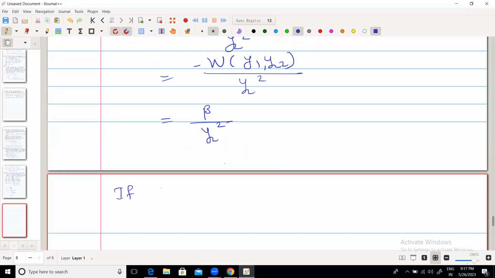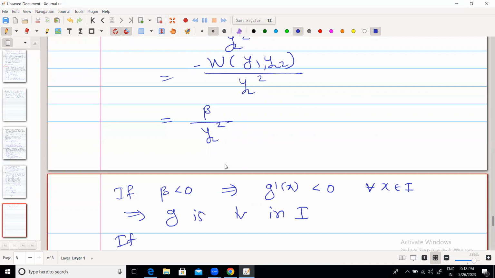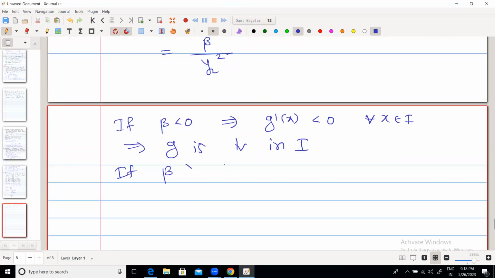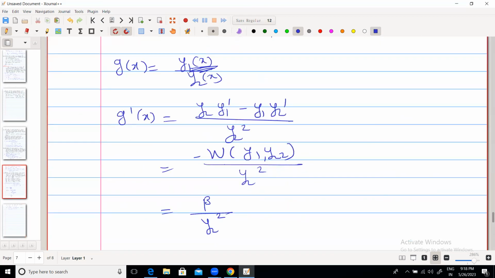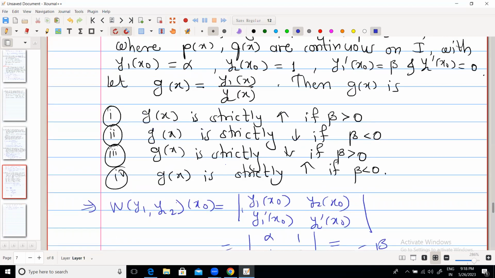So let us write down the cases. If beta is less than 0, implies g dash of x is less than 0 for all x belongs to I, implies g is monotonically decreasing in I. If beta is greater than 0, implies g dash of x is greater than 0 for all x belongs to I, so this implies g is increasing in I. So if beta is greater than 0, g is strictly increasing.